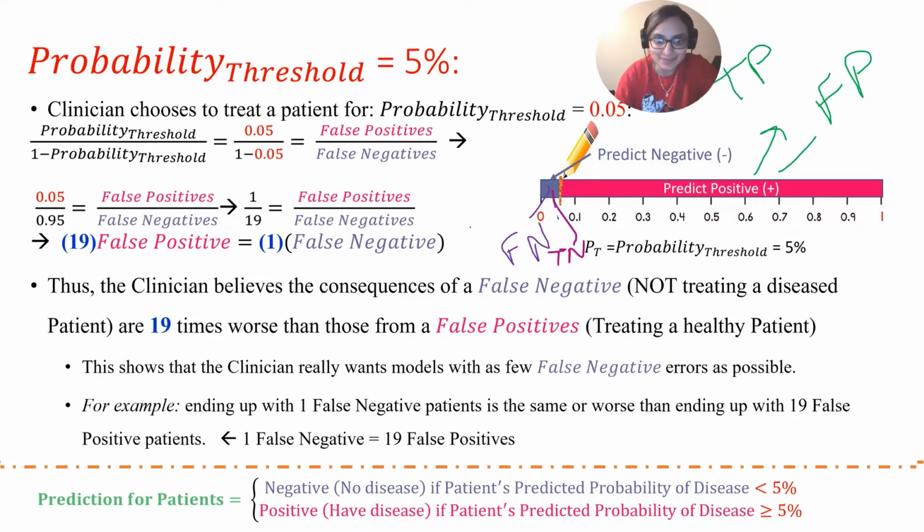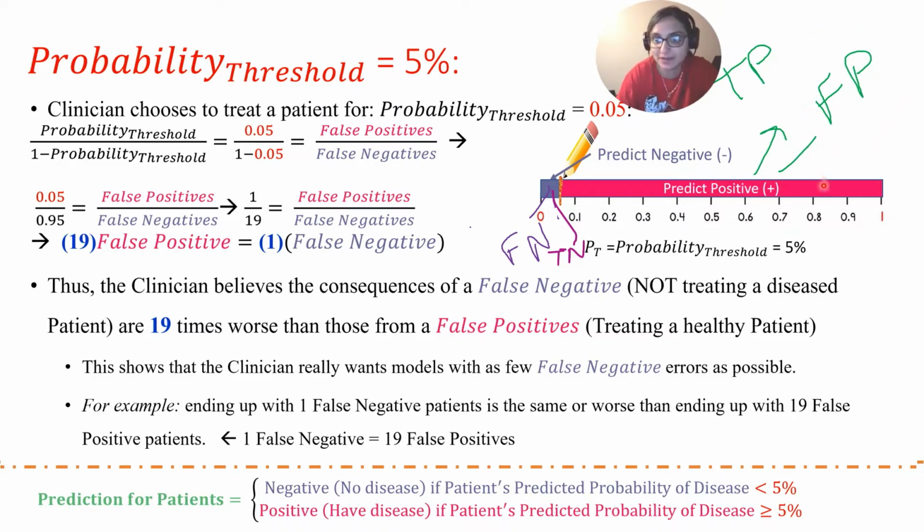Actually, I want to apologize. I made a small mistake on the previous slide. When we are predicting positive for a patient, either we are correctly predicting the patient is positive, so it's a true positive, or the patient is incorrectly being predicted positive as having the disease when the patient does not, so a false positive.